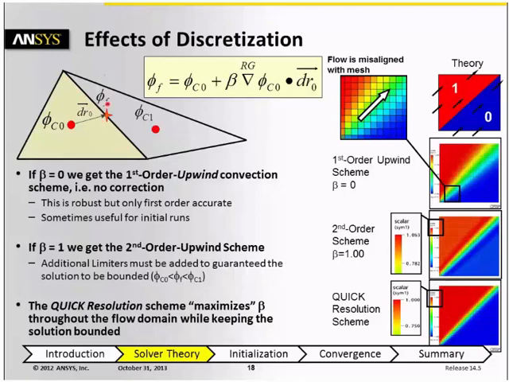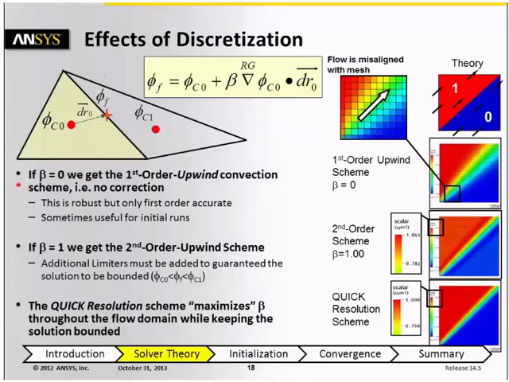In this illustration, if we say that the flow at face F is going from cell C0 towards cell C1, then the value at the face is calculated with the equation that we have here, where the face value is equal to the value of the upstream cell, C0, plus a contribution from the gradient at the cell centroid in the direction of the cell to face vector, and then multiplied by a factor beta.